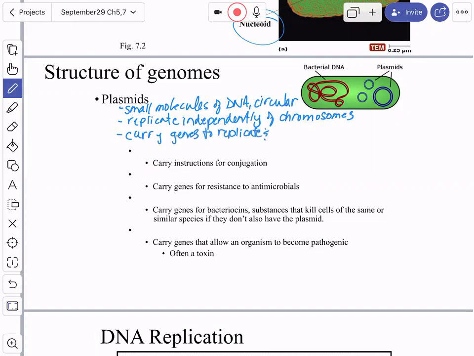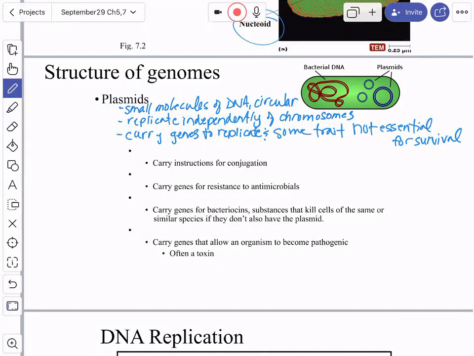So in other words, you would not have the enzymes of glycolysis encoded for by a plasmid. Okay, that glycolysis is absolutely crucial to the survival of the cell.